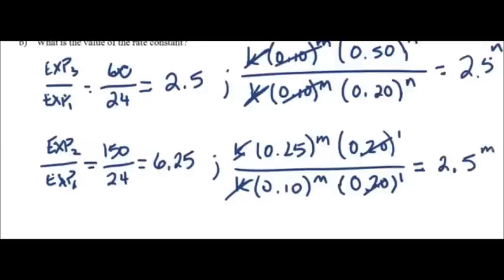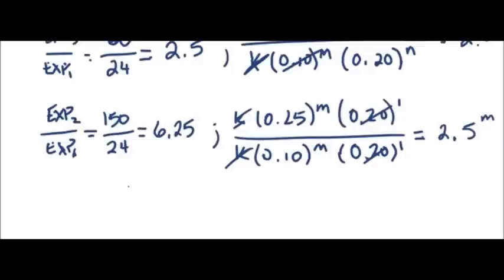And so now we have our rate, which is 6.25, is equal to 2.5 to the M. So M is equal to what? Now, some of you are going to stumble on this and say to yourself, how in the world are we supposed to figure that out?